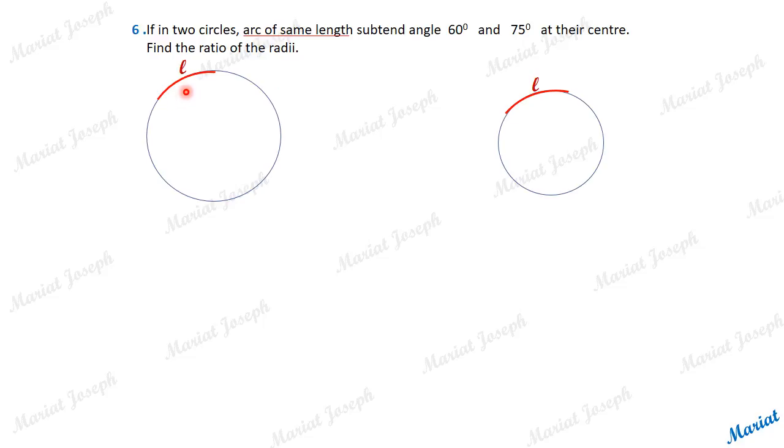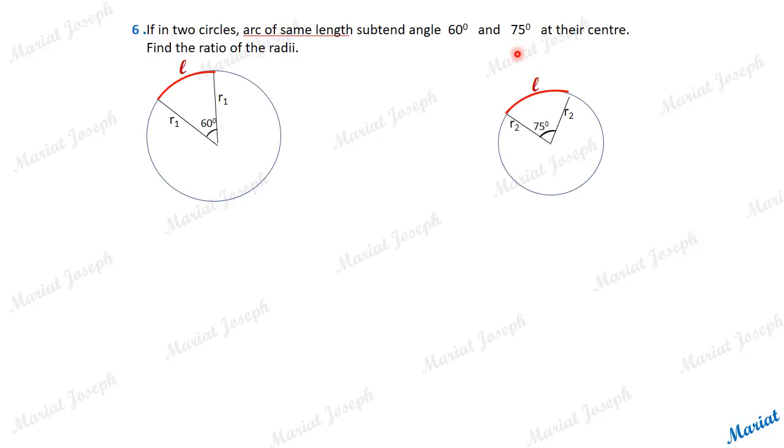This arc will subtend a certain angle at the center, and this arc will subtend another angle at the center. We need to find the ratio of the radii. We are told the arc lengths are equal. The angles subtended are 60 degrees and 75 degrees.